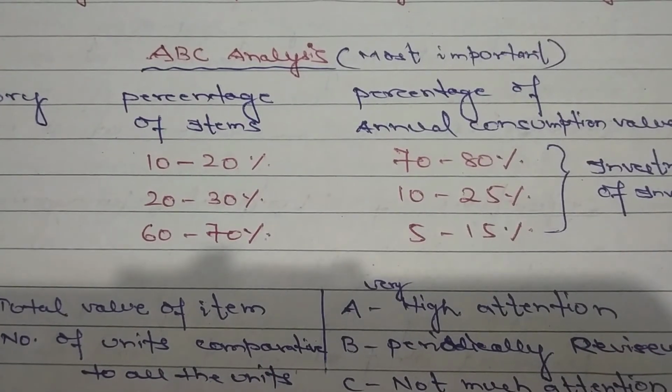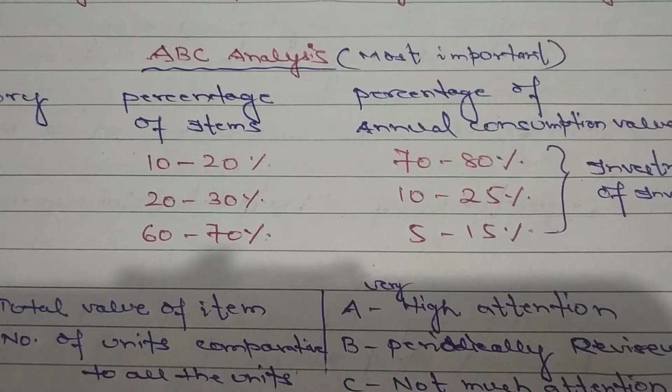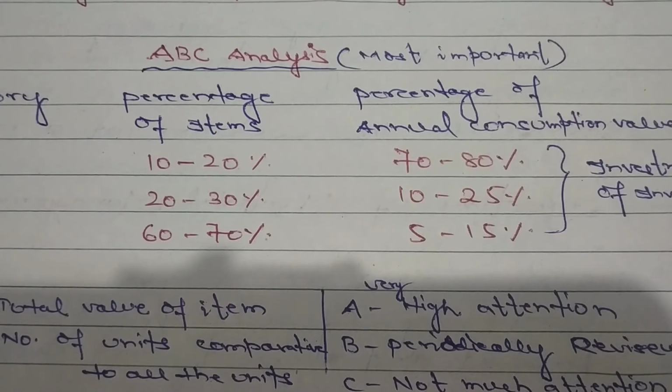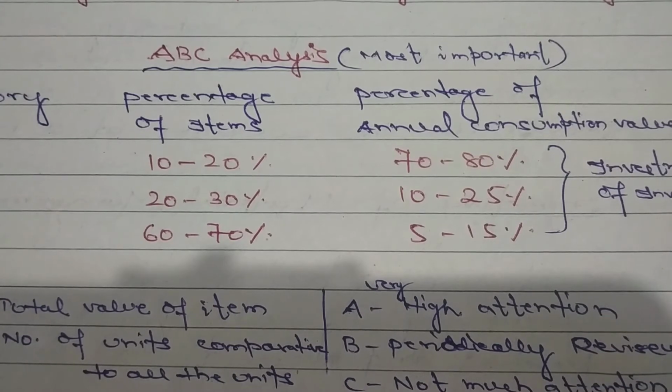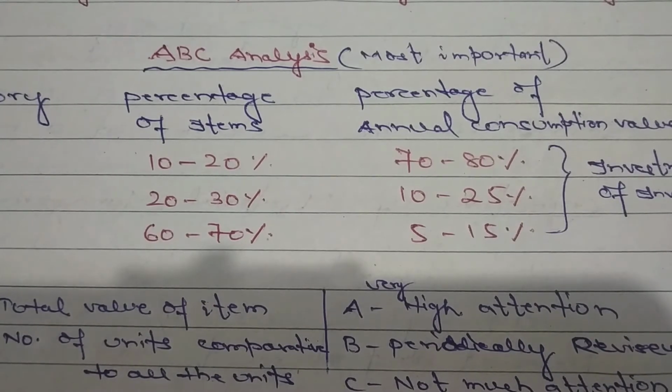Let us take an example, then you will be able to understand it clearly. Suppose there are 100 items in your inventory, and the cost of the total 100 items of inventory is almost 1 lakh rupees.